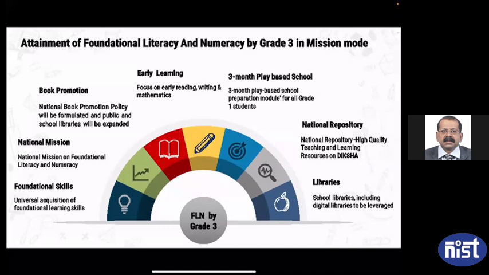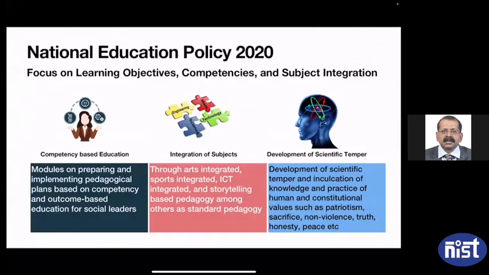Then there's a focus, as we talked on, on learning objectives, competences, and subject integration. So it's a competence-based education. Modules on preparing and implementing pedagogical plans based on competency and outcome-based education, not just rote learning. Integration of subjects. Because there is a lot of flexibility, that means any subject can be studied.